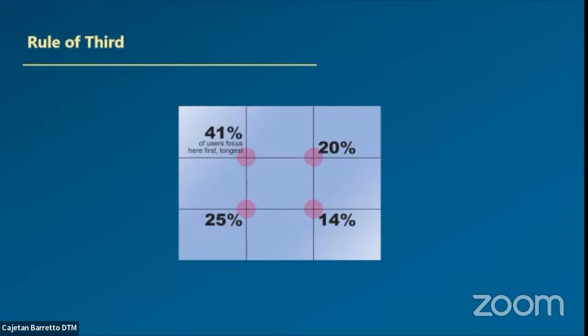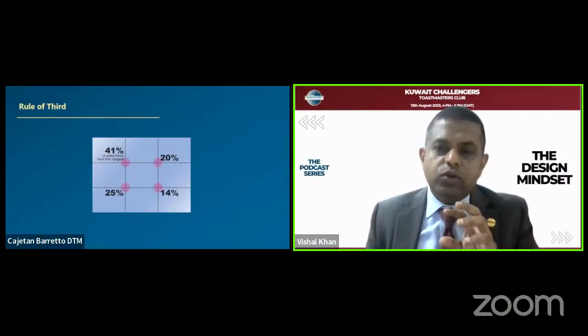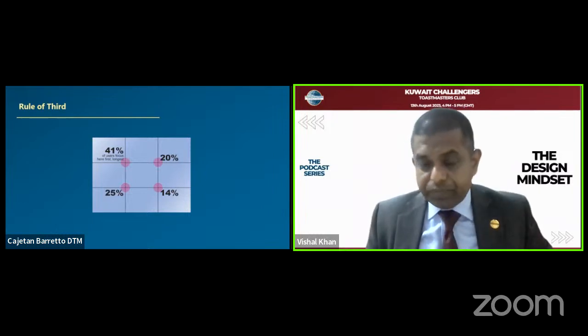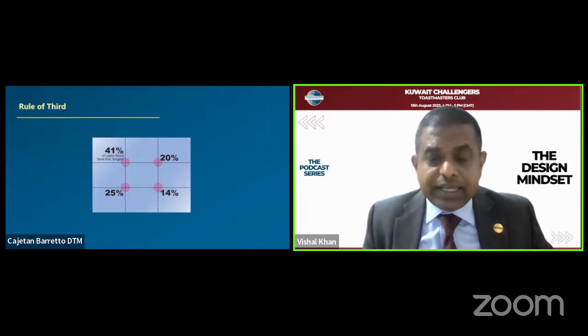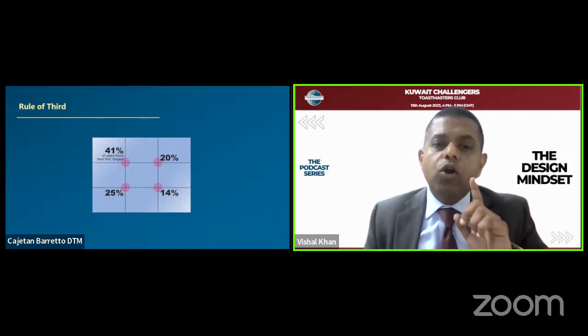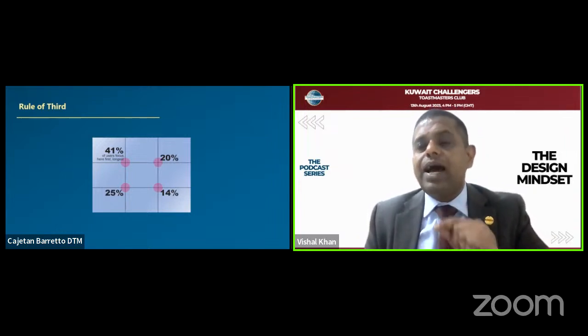Then it moves down to the 25th, and then it goes 20 and 14. These are the primary areas where your focus goes. And as a rule of thumb, like I said in the first thing, it is not necessarily one of the composition formulas. It is one of the composition ideas.